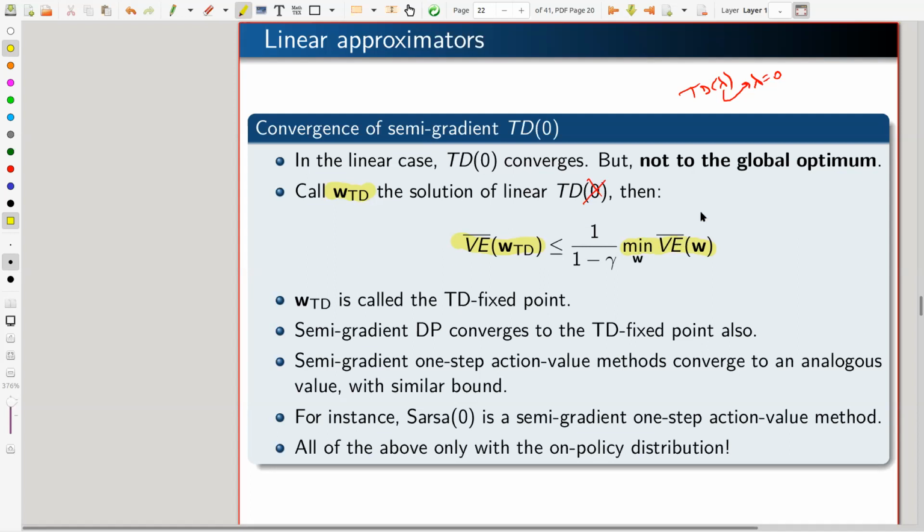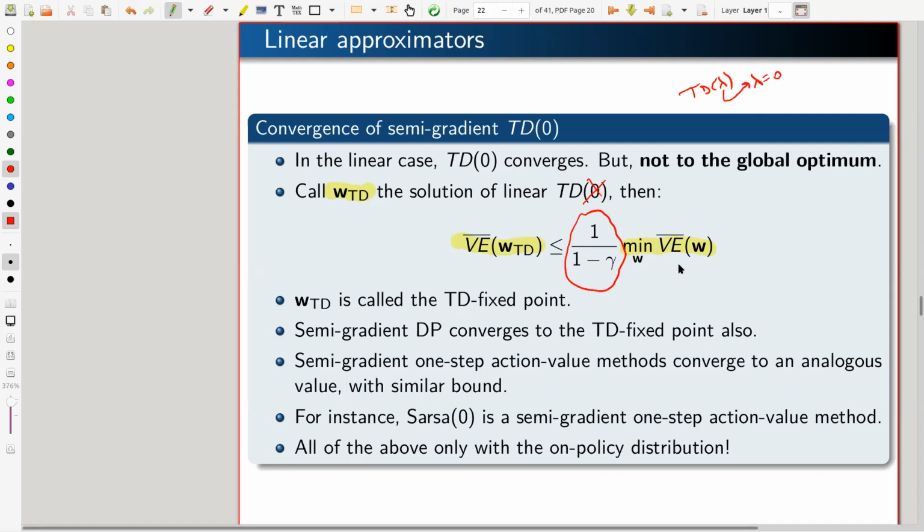I mean, this is the global minimum, so this is the best we can find. This is upper bounded by this minimum times this constant. This means that the linear temporal difference semi-gradient algorithm is converging near to the global optimum, but not to the global optimum. How close this solution is, it is known by this expression.